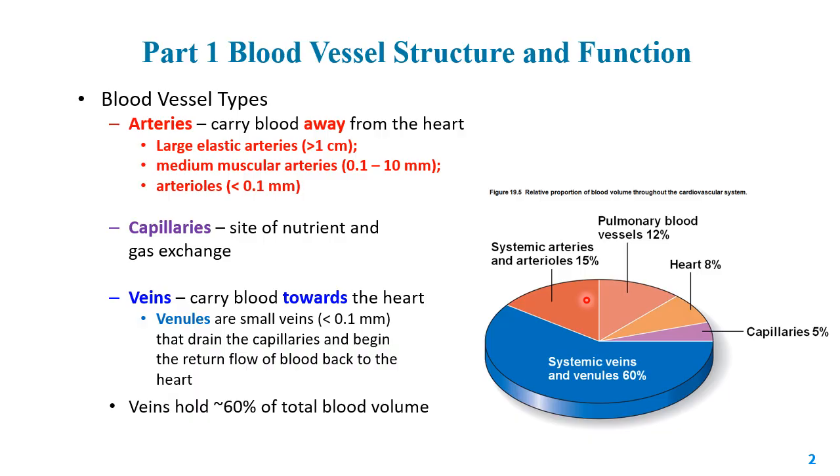A lot of the percentage of the blood from the arteries is part of the systemic circulation. About 15% of the blood goes to arteries and arterioles in the systemic circulation, and about 20% goes through the pulmonary circulation. So keep in mind that the bulk of the blood, 60% or so, is at the venous side.